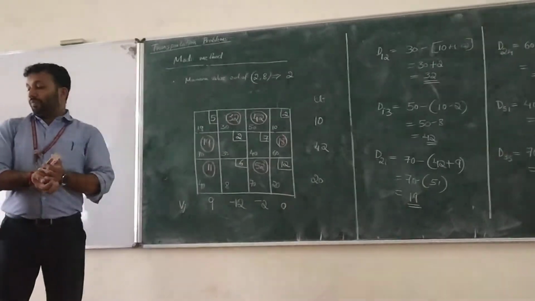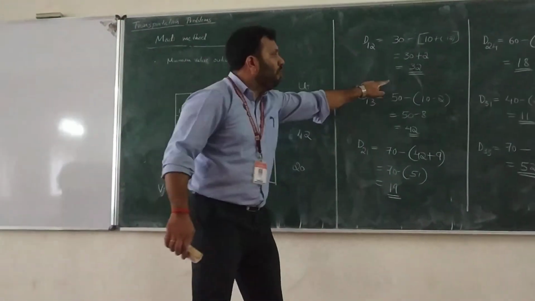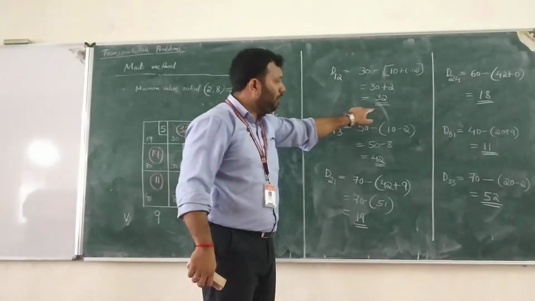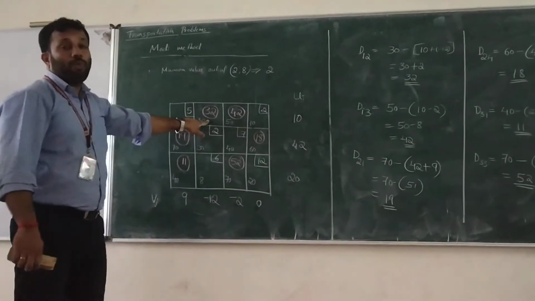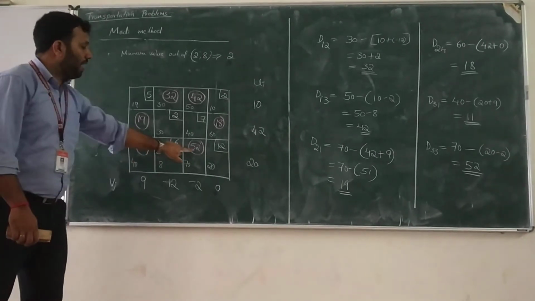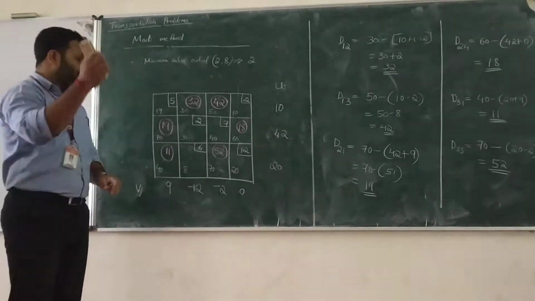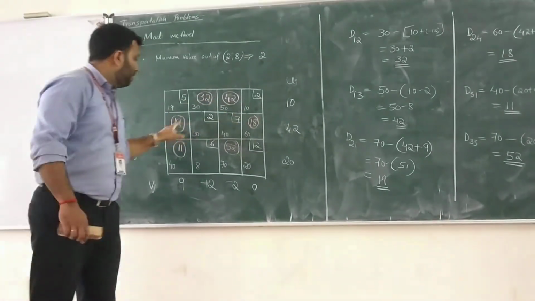Now look into the opportunity costs. We have got the opportunity cost as 32, 42, 18, 19, 11 and 52. So that gives us the conclusion that all the values are positive.